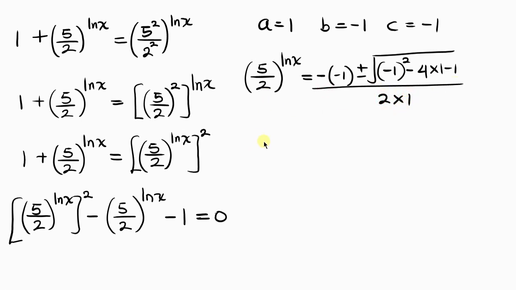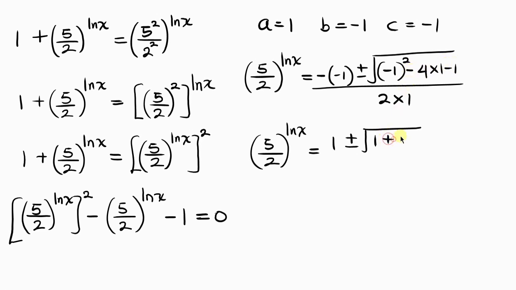So this becomes 5 over 2 to the ln x to be equal to, now minus times minus gives positive 1, plus or minus the square root of negative 1 squared is 1. Now 4 times 1 times minus 1, that is negative 4. So this is negative 4 from here, times this negative here gives plus.